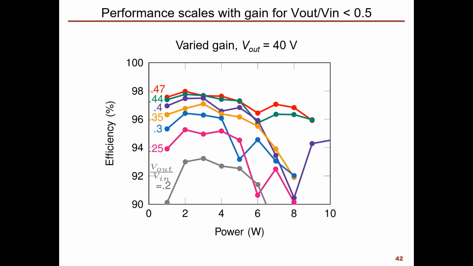Now here, when we plot out what happens as we vary voltage conversion ratio and power, we find that we can achieve a pretty wide range of low power levels that can give us good performance. But as we scale down our voltage conversion ratio, we find that our efficiency scales down as well. This is something we were able to predict with our efficiency calculation earlier.